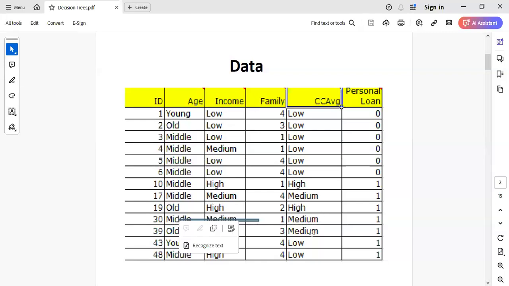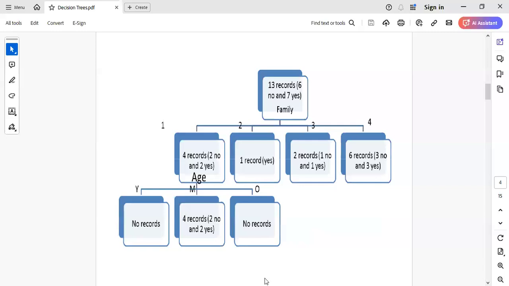So for family equal to 1, there is no record which comes under the category young. That is the reason we have recorded no records. Similarly, when family is equal to 1 and age is equal to old, there are no records, so we have jotted down no records.